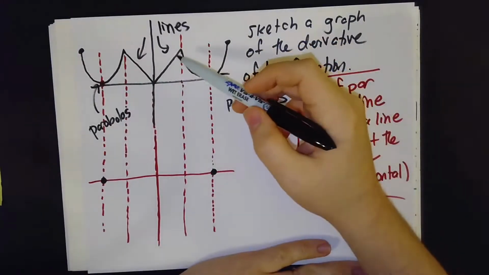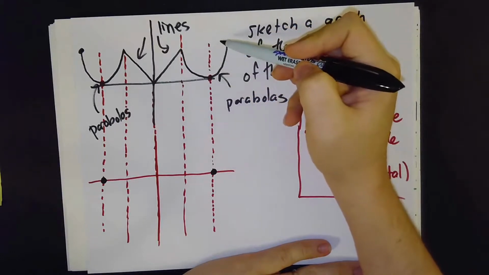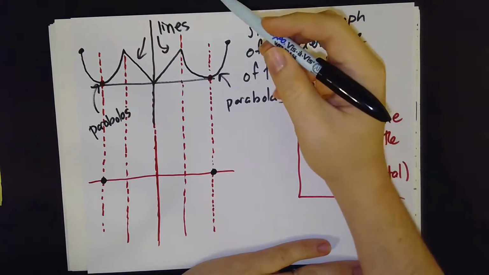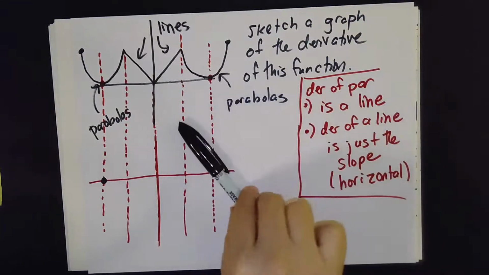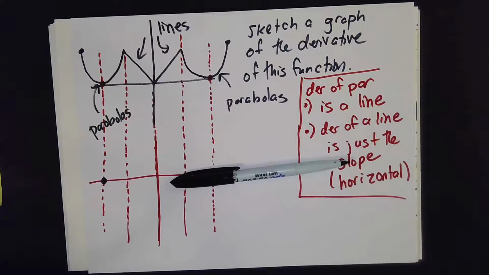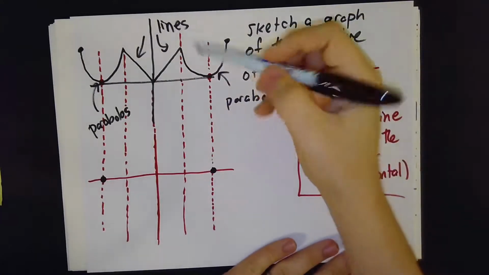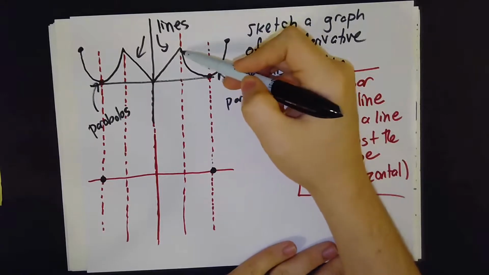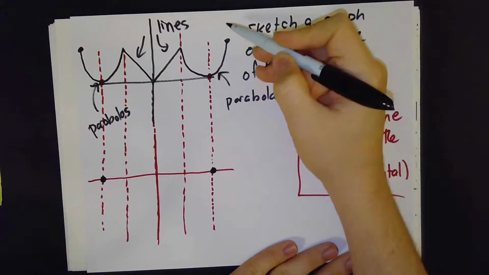So now I want to look at, okay, what happens with this parabola piece? I know the derivative is a line, but there are lots of lines. Does it slant that way? Or does it slant that way? Or is it flat? Well, I can figure that out by figuring out where the derivative is positive or negative. In particular, the derivative is negative on this side and positive on this side.